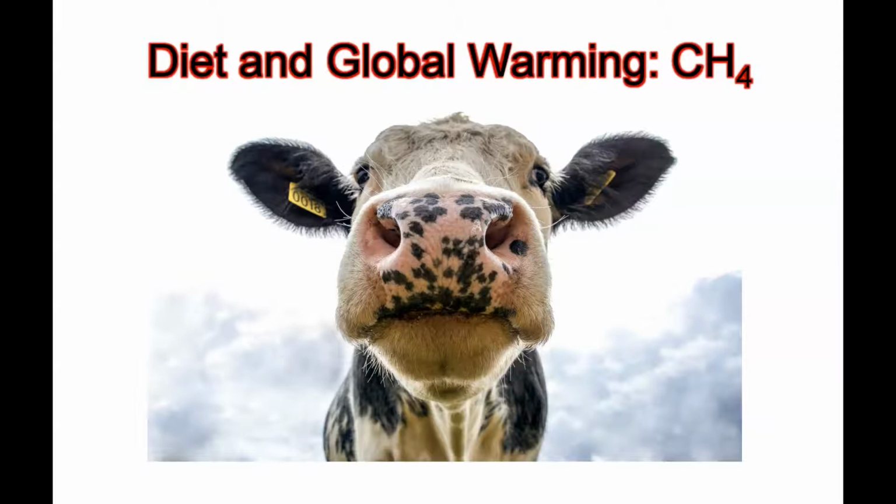If we switch to a different type of meat, for example, from beef to chicken or to the vegetarian diet, we will not be raising cows to be slaughtered for food, and there will be less methane produced and liberated in the atmosphere. So this is how our diet can help combat global warming.